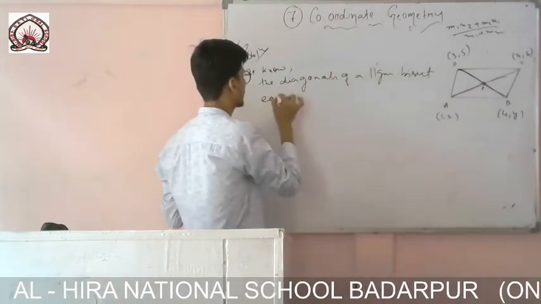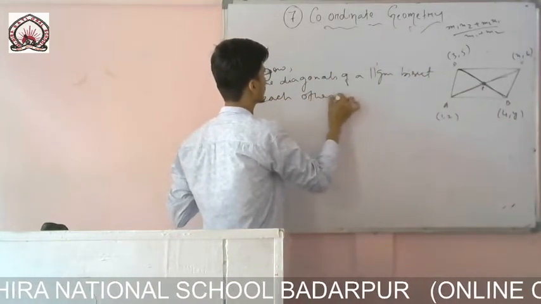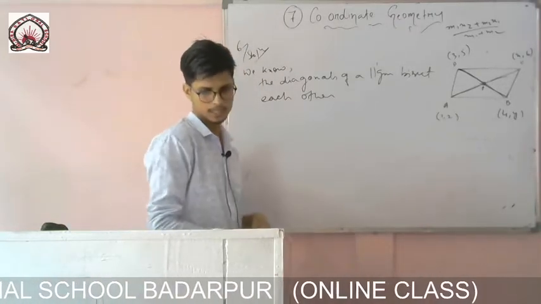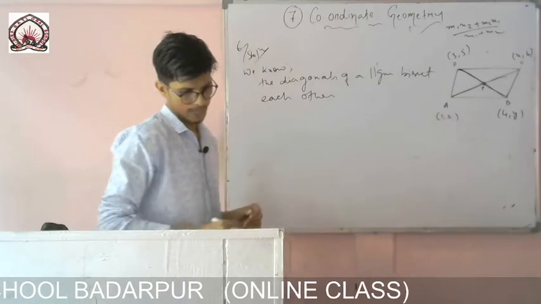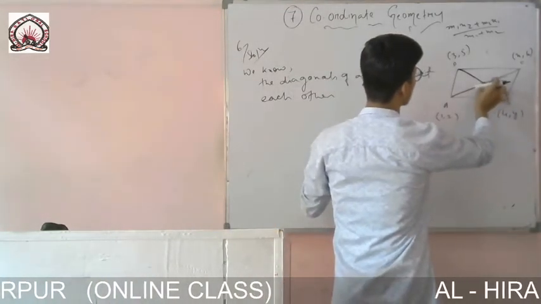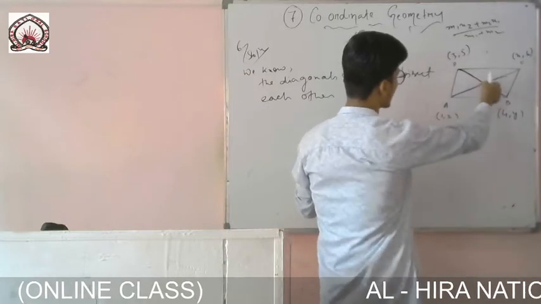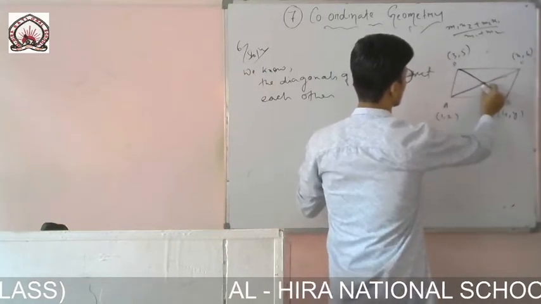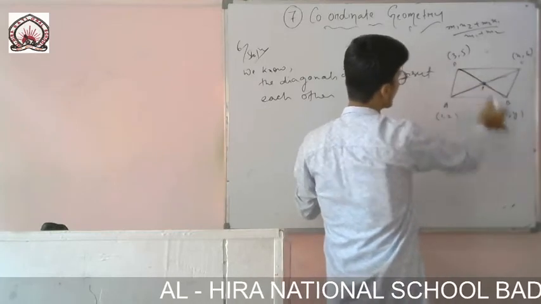We know the diagonals of a parallelogram bisect each other. So this point is common, the coordinate of this midpoint is common. I can write that the midpoint of one diagonal will be equal to the midpoint of the other.